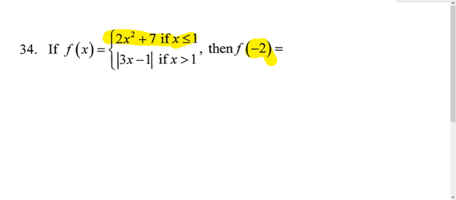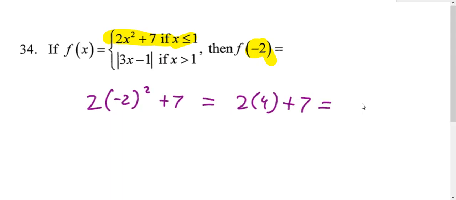The bottom equation has nothing to do with this problem. So negative 2 gets plugged into 2x squared plus 7. That's 2 times 4 plus 7 is 15. See which piece it gets plugged into, then plug it in and get your answer.